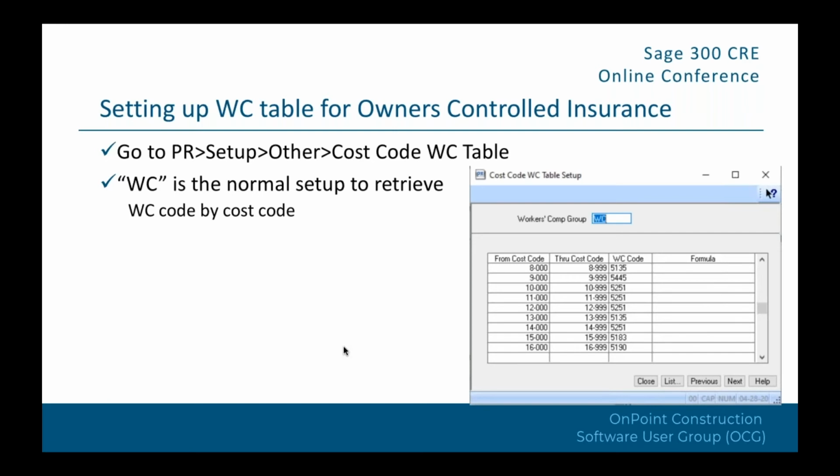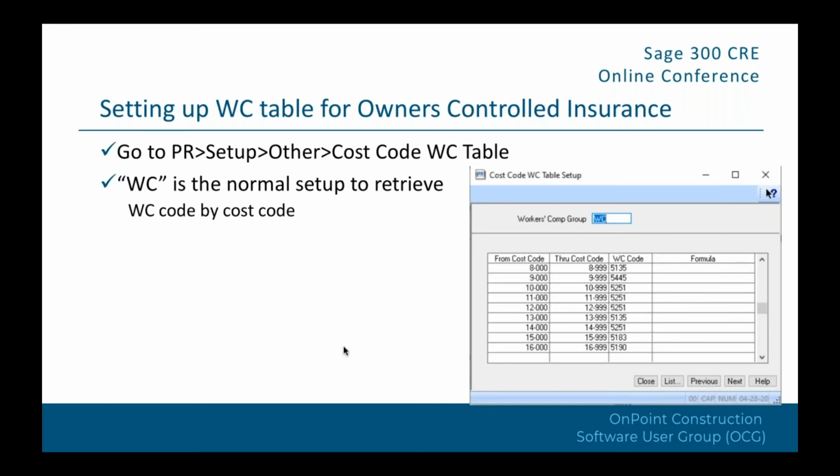If you have one set up, it's usually called WC, and the way they have it set up, it changes the work comp code by the cost code that it was worked on. Some people don't even need that. They just use what's in the person's master file.